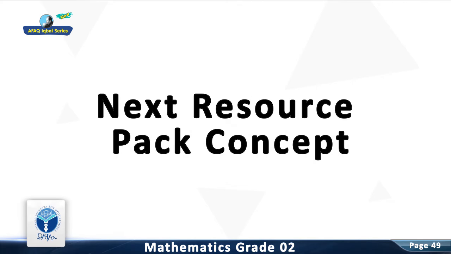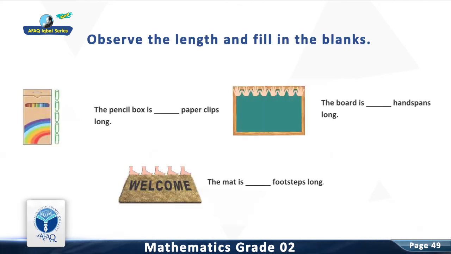Good. Now we move to the next resource pack concept, observe the length and fill in the blanks. The first blank is the pencil box is dash pencil clips long. Good. The pencil box is 5 paper clips long.